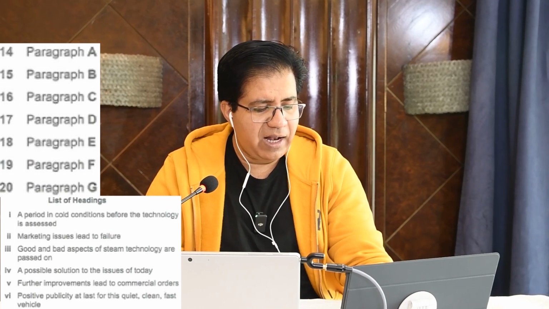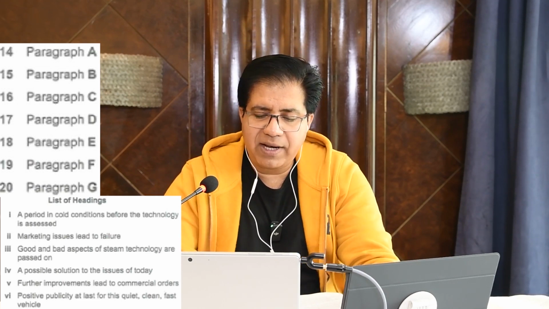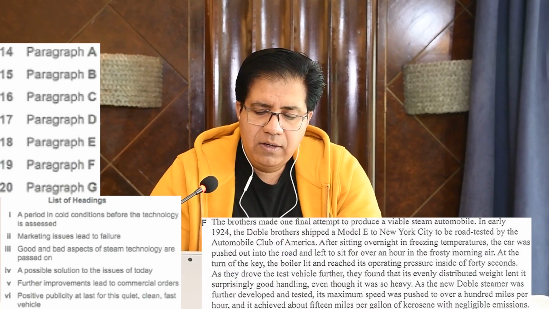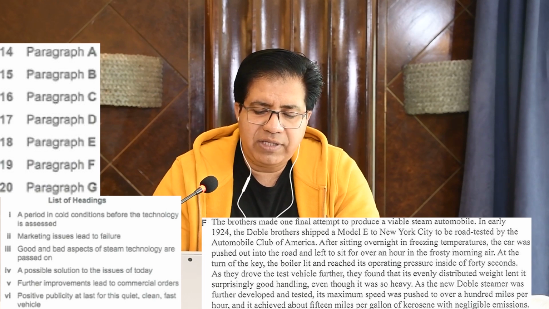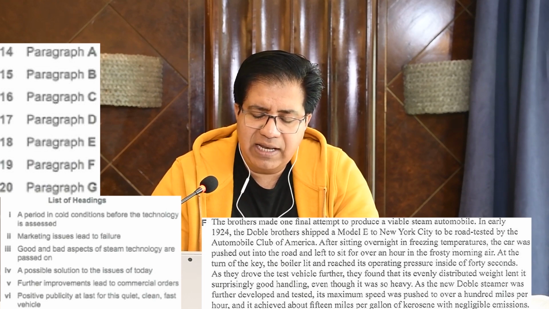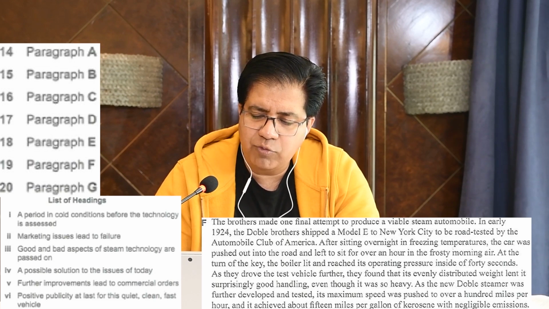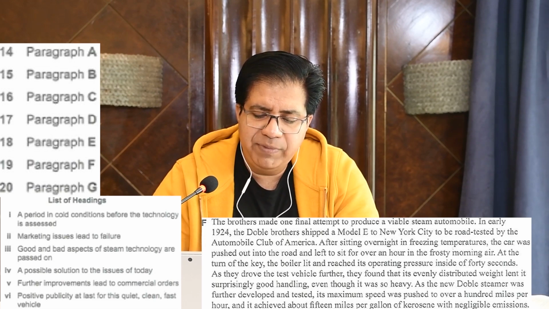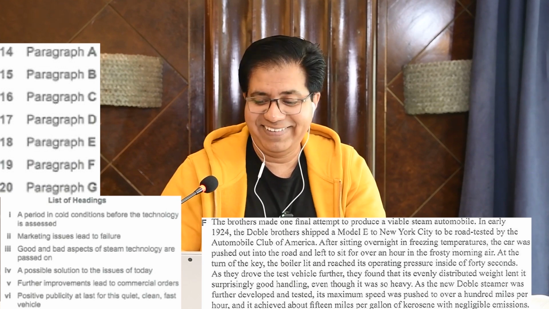Okay, now which paragraph? F. Alright, please come to paragraph F. The brothers made one final attempt to produce a viable steam automobile. So they are talking about their final attempt. In early 1924, the Doble brothers shipped a Model E to New York City to be road tested by the Automobile Club of America after sitting overnight in freezing temperature.